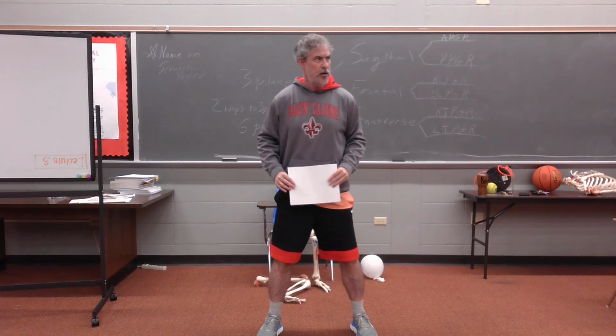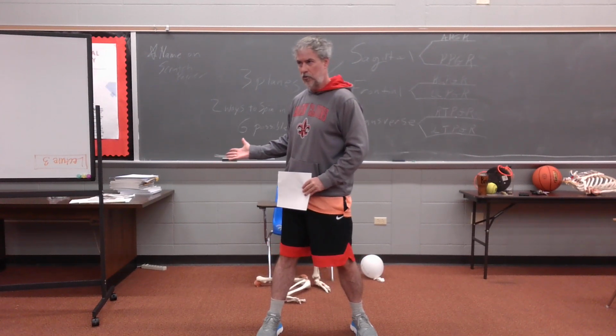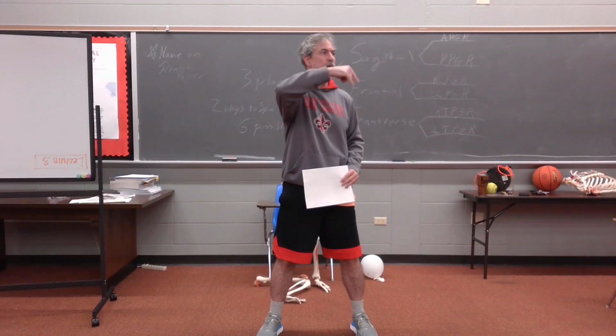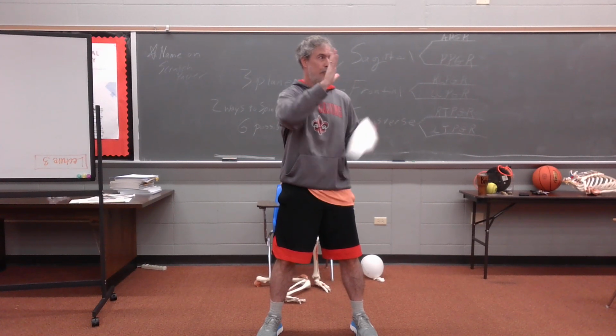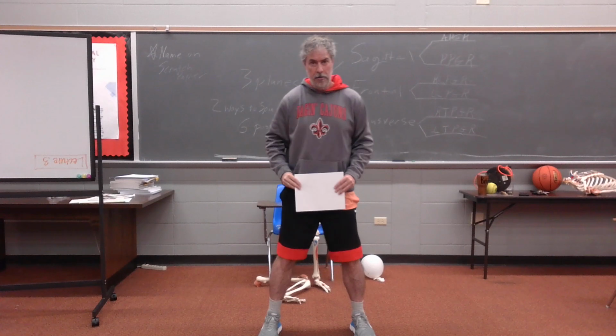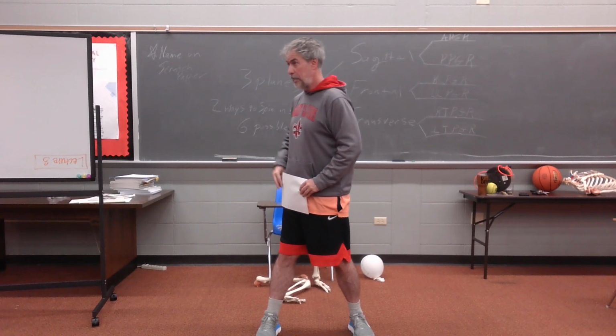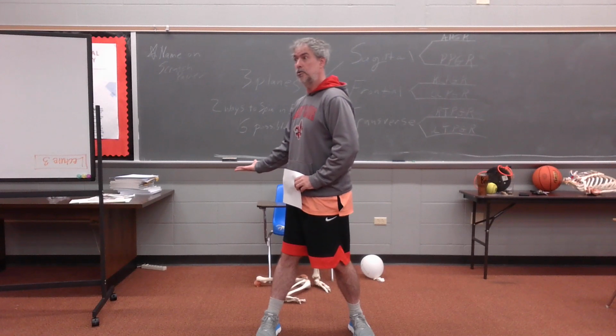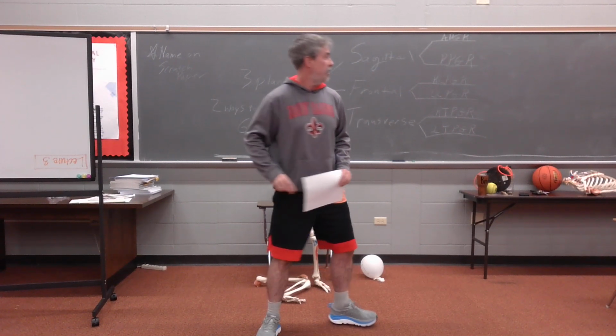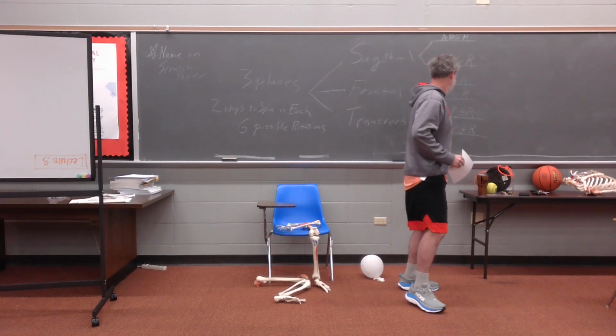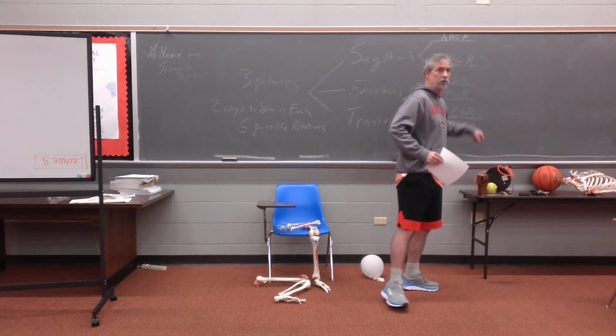So let's look at transverse spin of the pelvic girdle, and I want you to tell me which hip motions would have to spin the basketball. I am spinning my pelvis to its right. We call that right transverse pelvic girdle rotation.